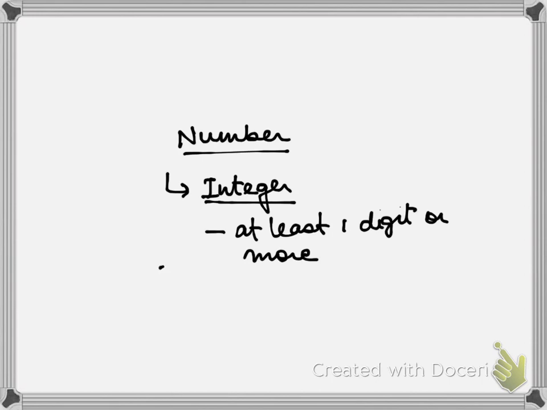And if it is a floating point number, then it can have a decimal point like this. In that case, it should have some digits followed by a decimal point, followed by some digits, one or more digits. So in this manner, we have to give the pattern for a number.